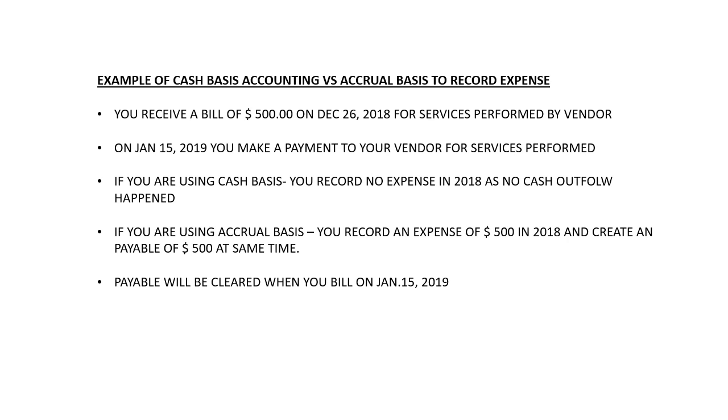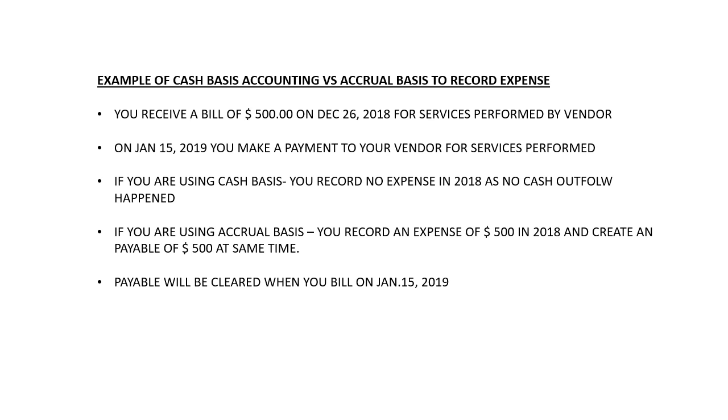Since you are using a cash basis, you cannot record any expense in 2018 since no cash outflow happened. However, if you were using accrual basis, you will record an expense of $500 in 2018 and create a payable of $500 at the same time.